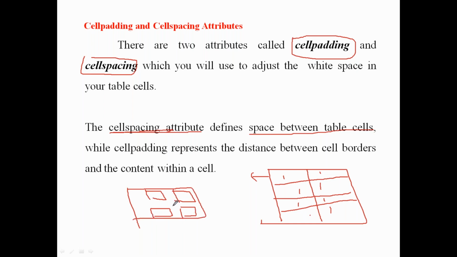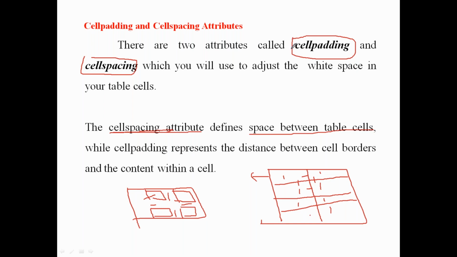These are the cells, and this is the space between the cells, this also space, this also. But in a normal table the cells intersect, vertically and horizontally. Here, cell spacing gives extra space for your cells. That is called space between table cells, that is called cell spacing.